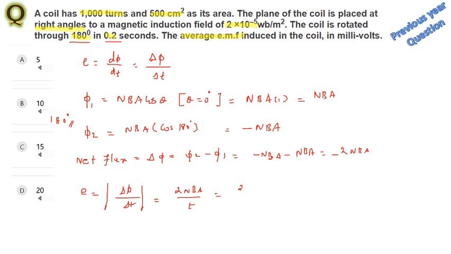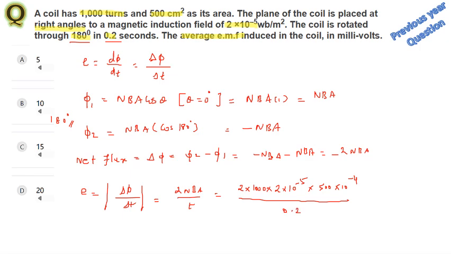So 2 into number of turns here is 1000, and the B value here is 2 into 10 power minus 5, and the area here is 500 into 10 power minus 4. So centimeter square, that is 10 power minus 2 whole square, 10 power minus 4, and the time here is 0.2.